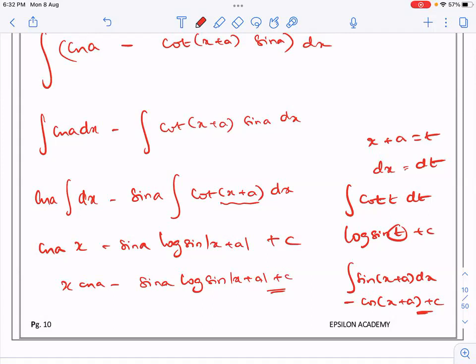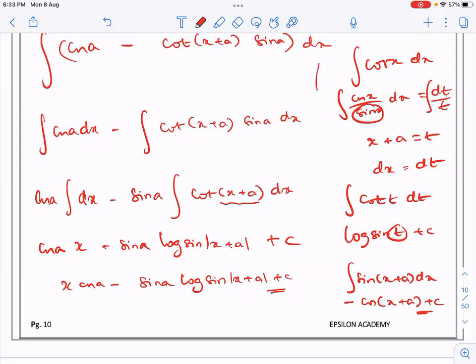That's the formula. The integral of cot x, I showed you the derivation also. Cot is cos divided by sin, so put sin x equal to t. Then cos x dx will be dt. So the integral of dt divided by t is log t.